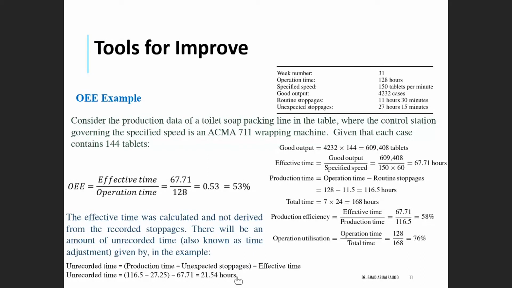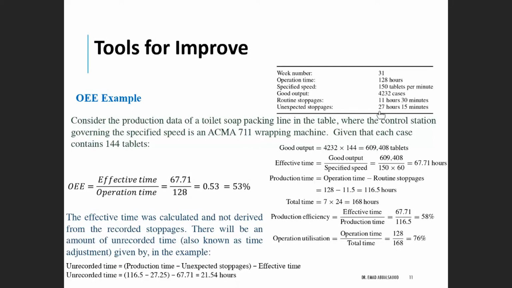Because the 150 tablets per minute, if you multiply it with 60 to get how many tablets per hour, that will give you 9,000. So this unrecorded time we could find from the given information, that also give us there is a waste. It has to be analyzed and reduced.